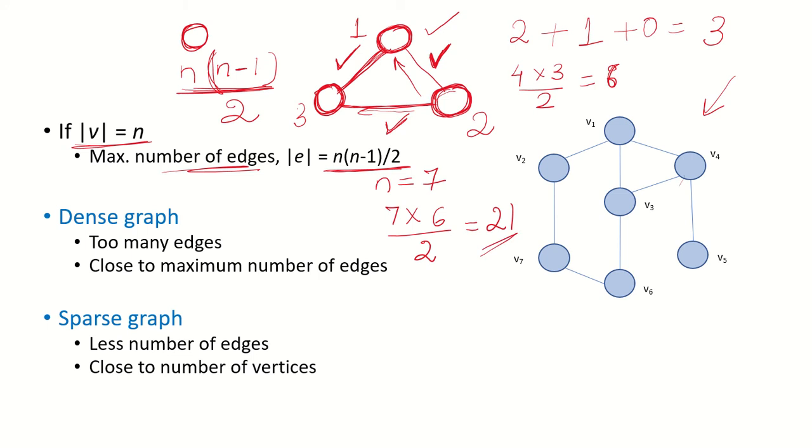Suppose there had been edges like this, like this, like this, over here, so 21 edges would have been possible. Right now there are only 8 edges.